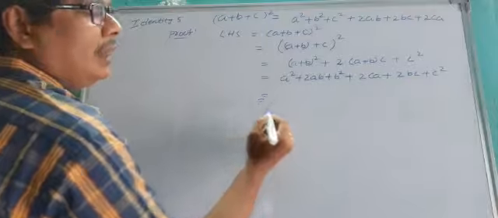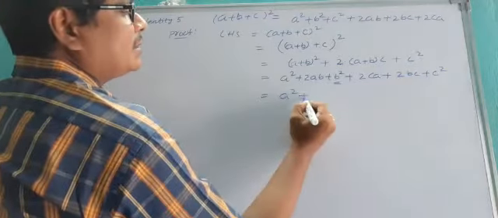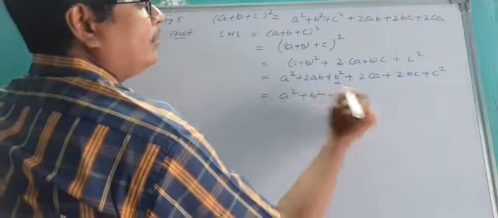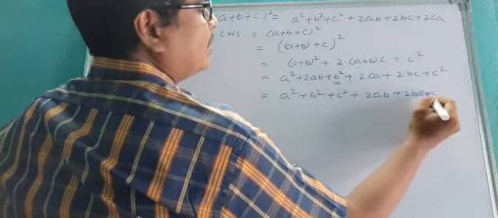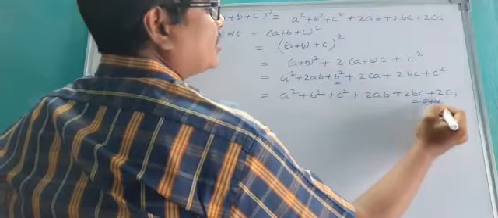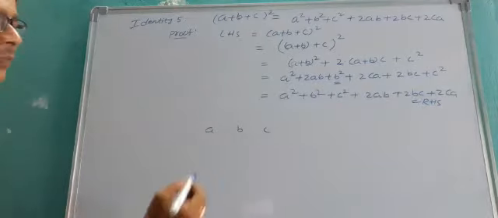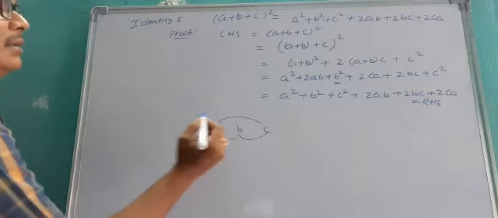Okay, now you arrange them orderly. a square plus b square, next one plus c square. Remaining 2ab, next one 2bc plus 2ca. Okay, you get the RHS. Okay, cyclic a, b, c: a b, b c and c a.